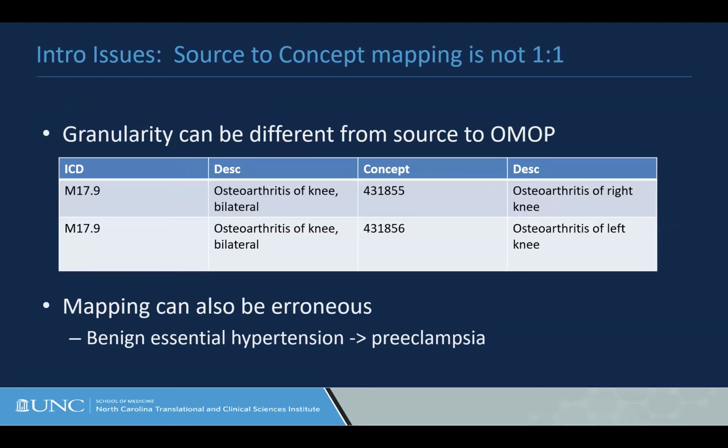I think another intro concern to be aware of is that source to concept mapping can be problematic and is not one-to-one. So examples of this are that the granularity between source terminology and OMOP can be different. So I have here a brief ICD-based example. We have an ICD code of M17.9, osteoarthritis of knee bilateral. Well, that concept code might not exist.